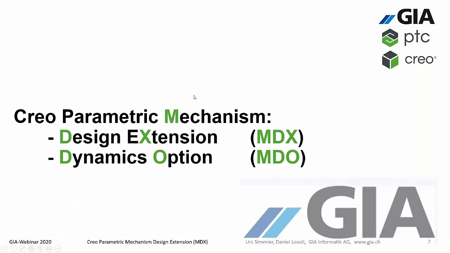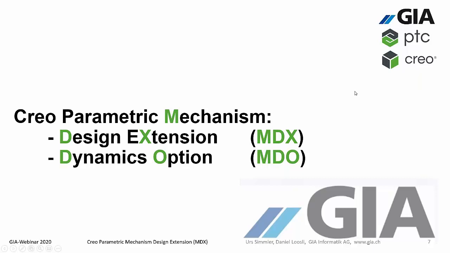But today's topic is Creo Parametric mechanism. I think this is a quite old module. I guess it was invented in about 1998, last century, but I think there are quite interesting capabilities in this tool.